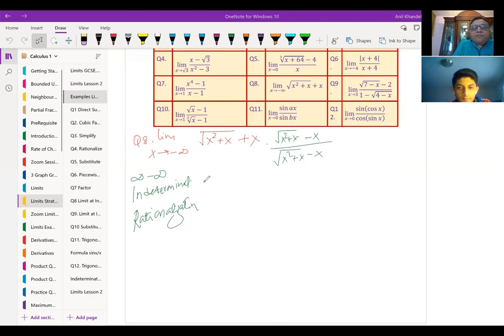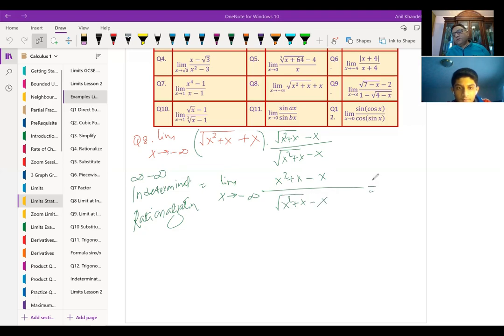So what do you get? You get the limit as x approaches minus infinity. This term becomes a squared minus b squared, so we get x squared plus x minus x squared in the numerator, and in the denominator, we have the square root of x squared plus x minus x.